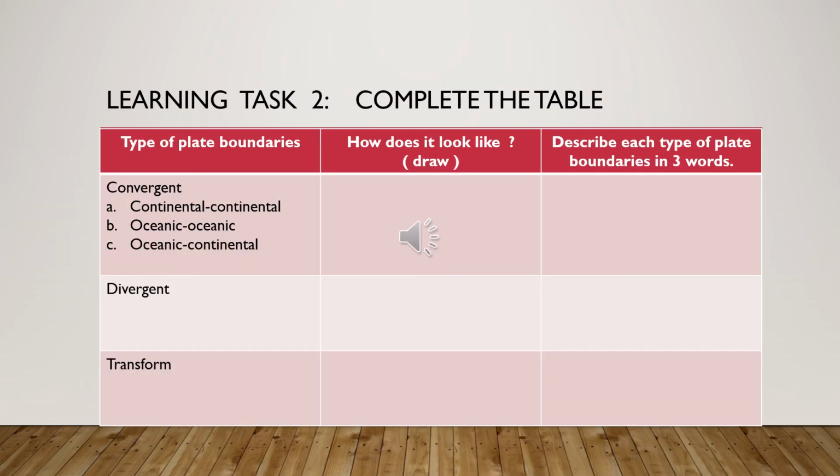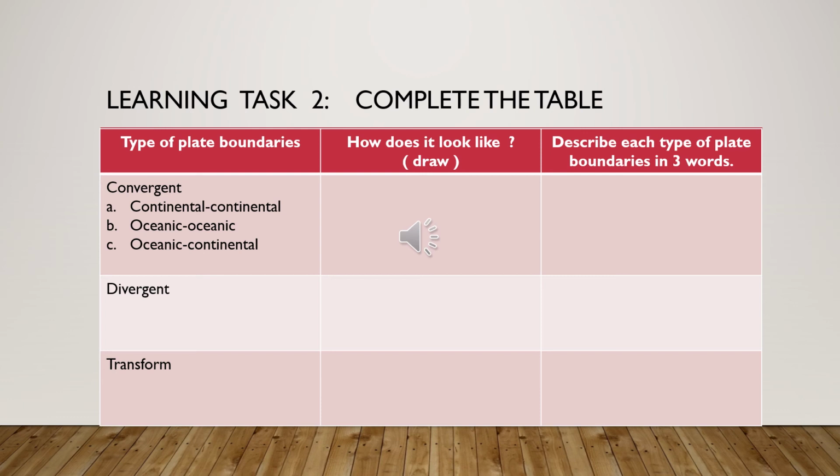For learning task 2, you are going to complete the table. In the first column, we have the type of plate boundaries. One is the convergent, 2 divergent, and transform.